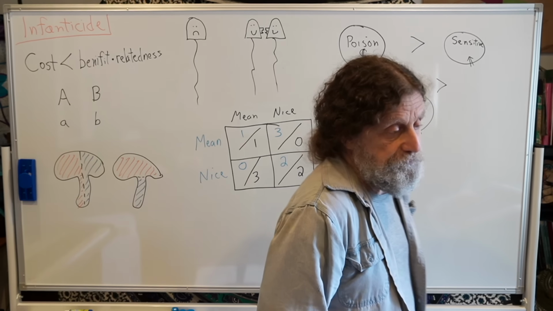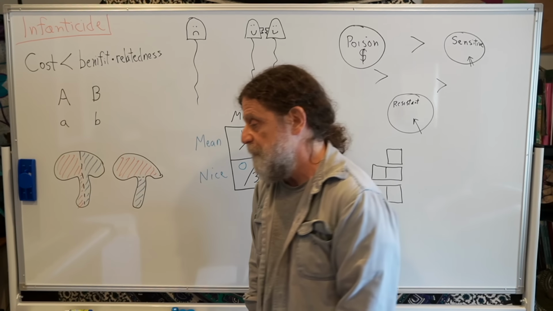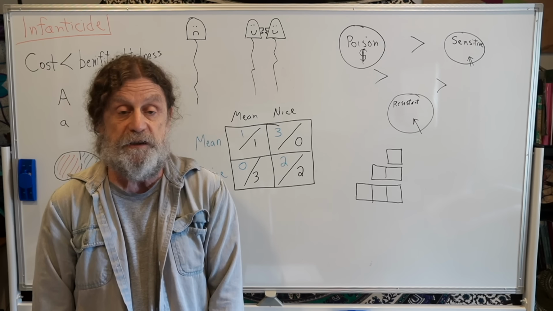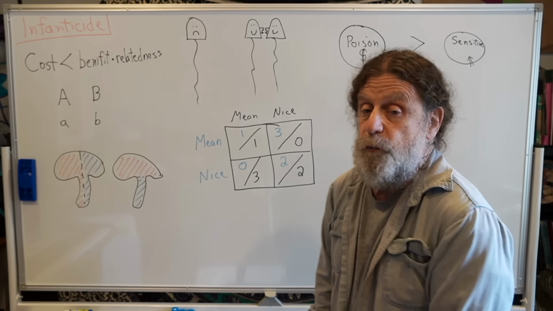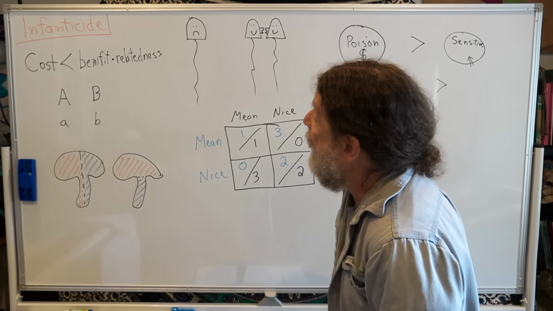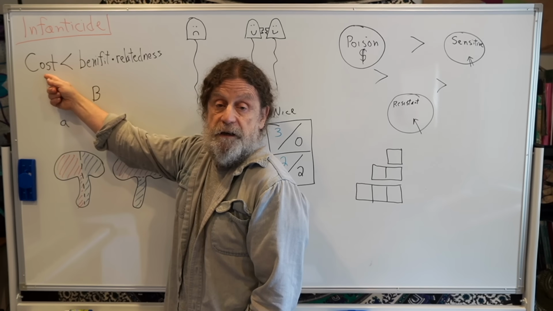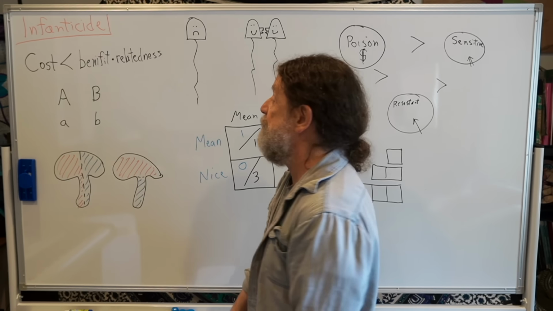And this was finally formalized in the 60s by this guy, W.G. Hamilton, who was a god in the field. And he came up with Hamilton's law, which quantifies when you should be doing what to help out a relative. And how much cost should you be willing to take on to help some relative pass on copies of your genes?